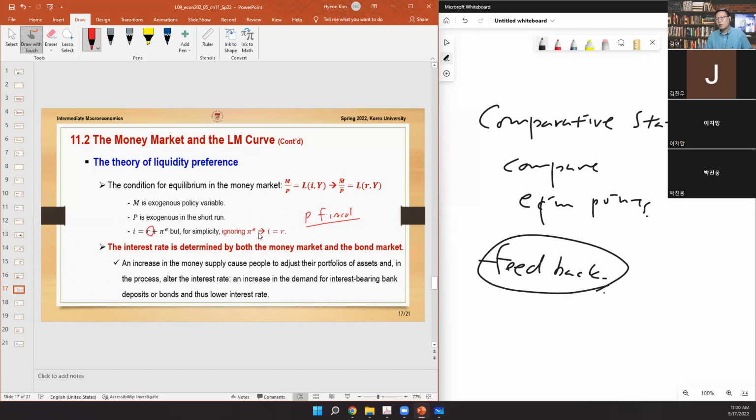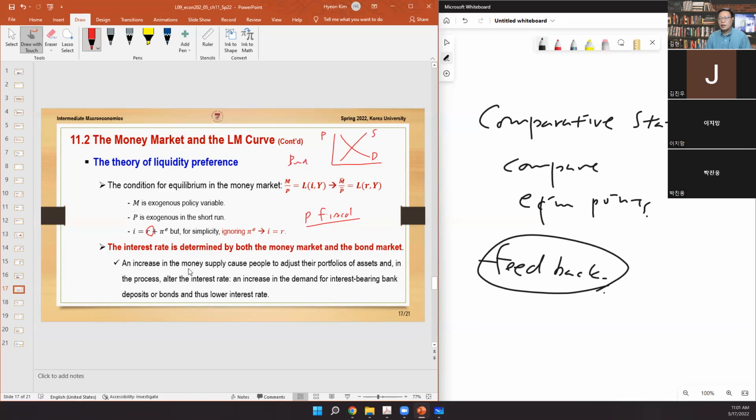And then another one is, under the theory of liquidity preference by Keynes, he would like to think again that money is an additional financial asset. And then the market for financial assets will be the money market and bond market together. That's why Keynes would like to consider two different operations. The bond market is also governed by demand and supply, with the price of a bond and its supply.